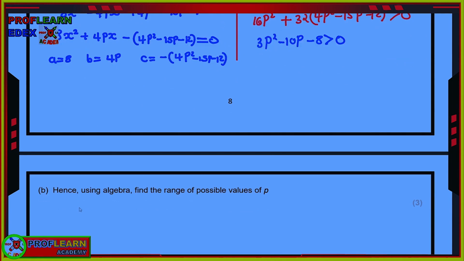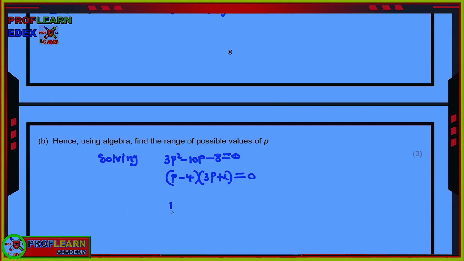Now the next part, they are telling you, hence use algebra to find the range of possible values of p. Basically, we are trying to solve a quadratic inequality. Whenever you are solving a quadratic inequality, you treat it as an equal sign. You solve it first using maybe factorization, or you can use the quadratic formula.